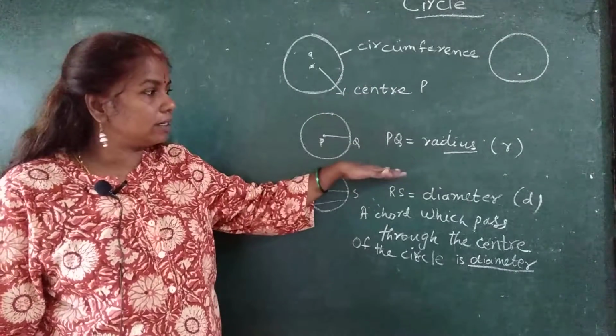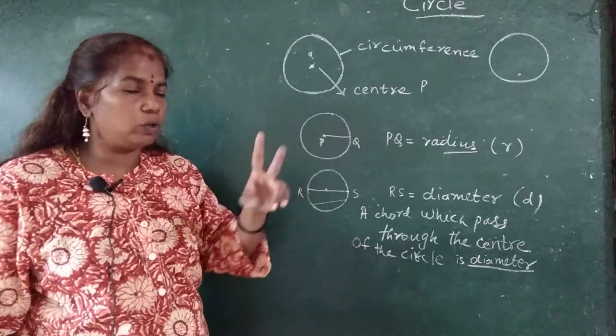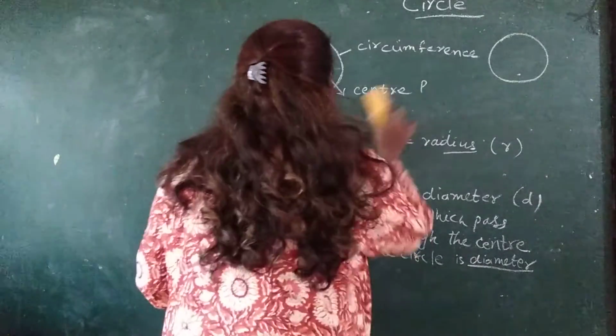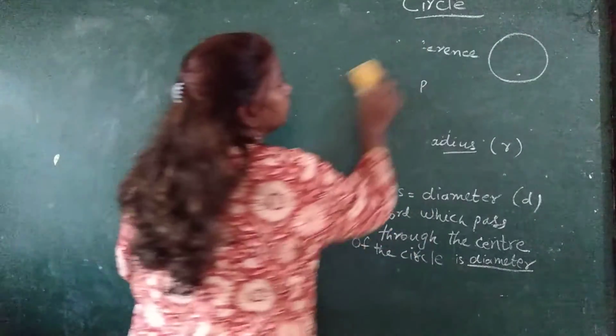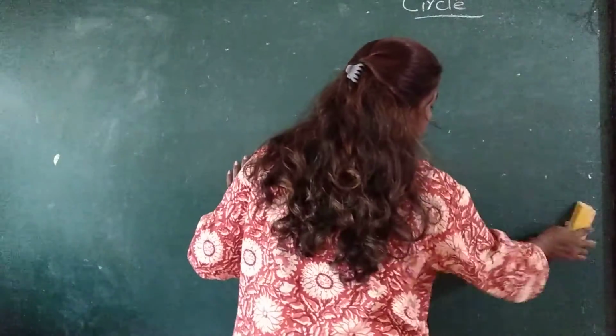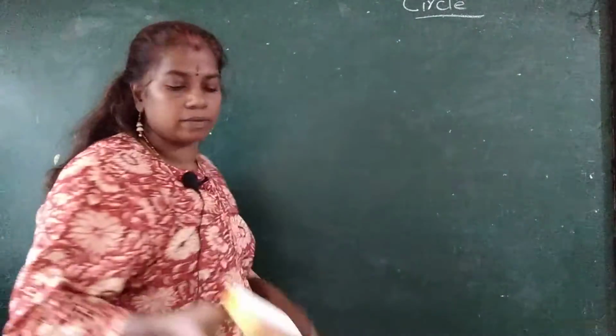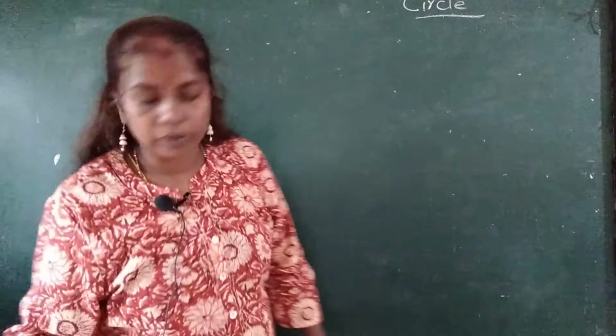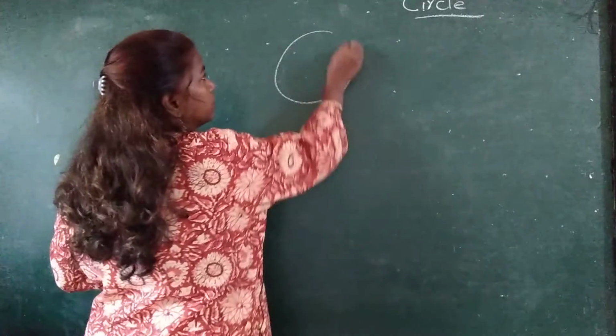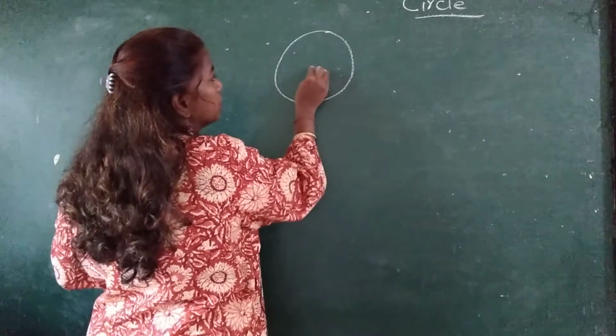Circumference, center, radius, diameter. 2 more points which I have to explain related to the circle. Now suppose this is a circle. This is the center.